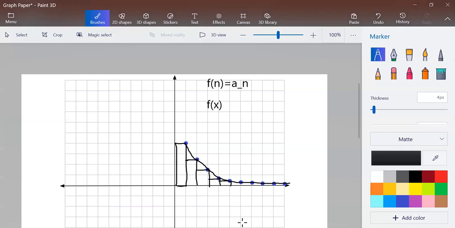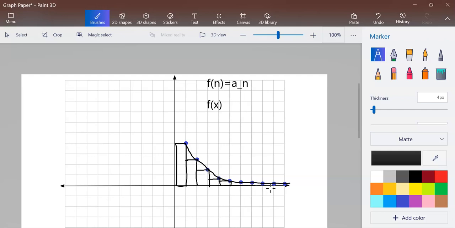Now you can see by the way I've drawn these rectangles that if the area under this curve is finite, in other words, if the area under f of x is a real number, then these rectangles have to add up to a real number, because these rectangles, all except for this first one, are all underneath this curve.